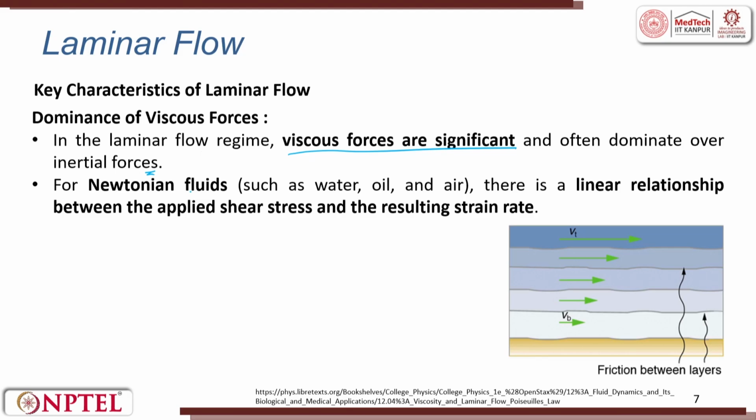For Newtonian fluids such as water, oil, air, there is a linear relationship between the applied shear stress and resulting shear strain. So, in laminar flow, viscous force is more significant than inertial force. So, you can see here layers are formed. So, this is VB, this is VT.